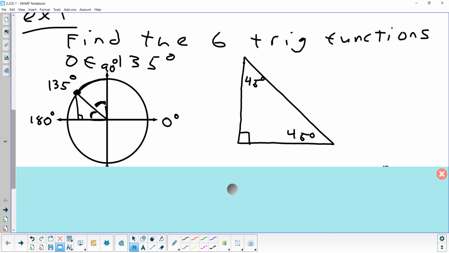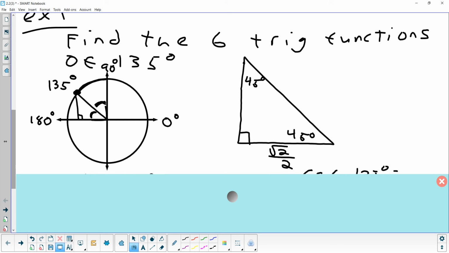But do you remember what the length is? Anyone help them out? What's the length in the 45, 45, 90? There's 3 numbers you've got to remember for this. Okay? Yep. So the base is square root of 2 over 2.